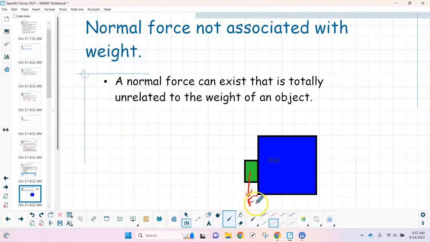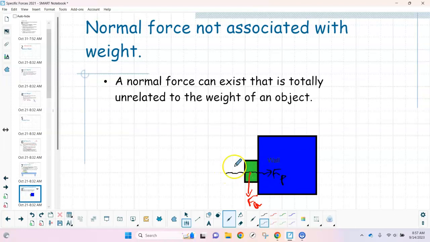If I started pressing the green book against the wall, so that was supposed to be a G, sorry about my handwriting, and I took my hand and applied a force going in towards the wall, so that arrow pushing in is the applied force, or the person force, the normal force would have to counteract that to keep the box from moving horizontally.